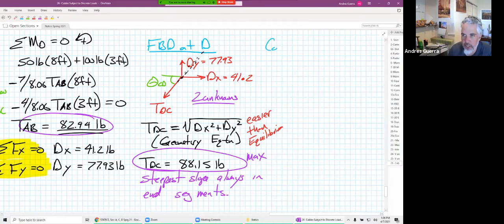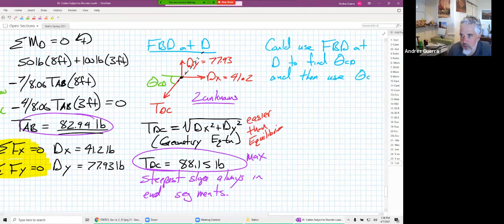We could use the FBD at D to find theta, and then use theta CD to find the y from D to C. But let's look at another option.